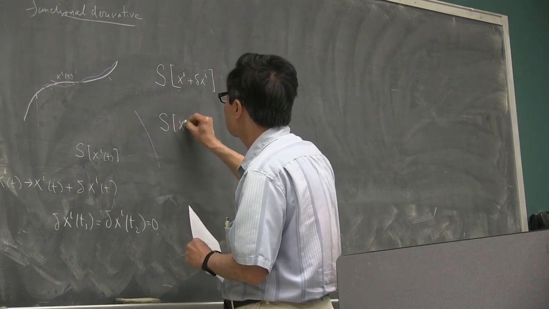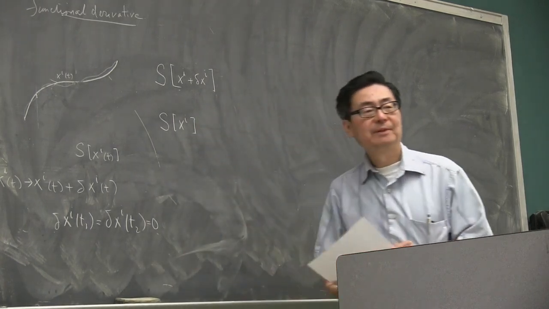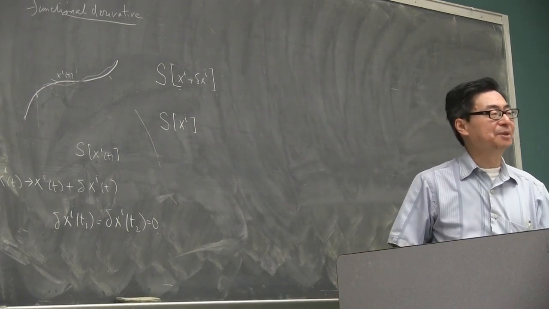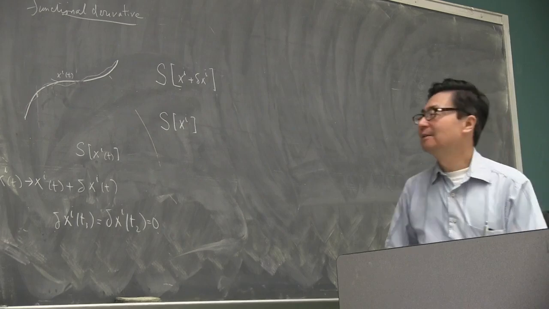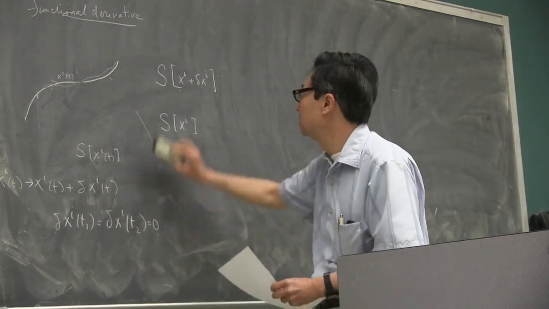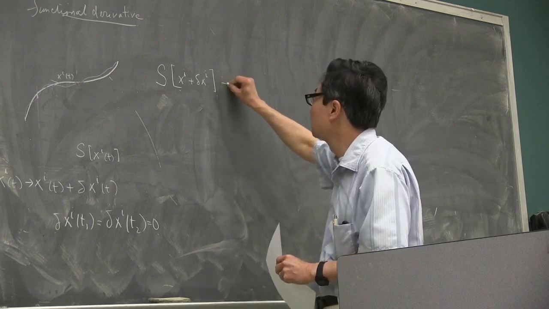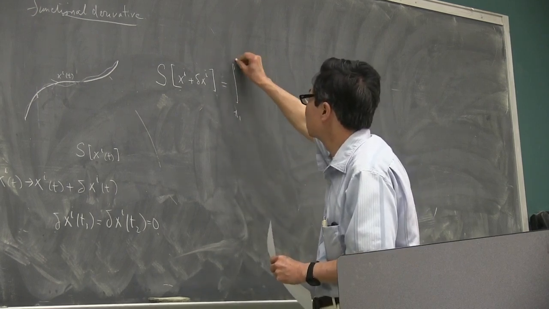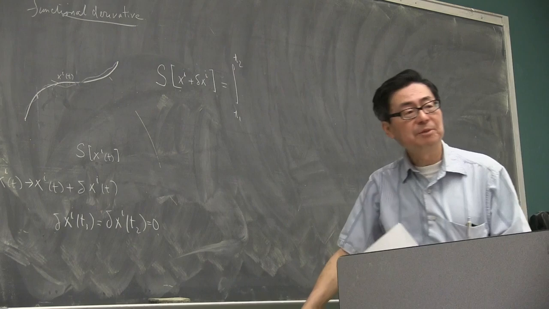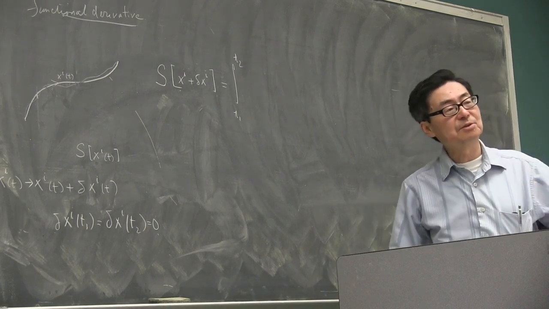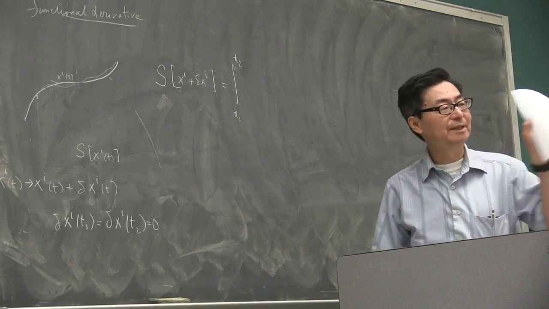Let me calculate S for the old path. And then I'm going to see what's the difference between them. Okay? Now let me write an expression for the classical action for the new path first. Okay? This is very straightforward. This is in the notes, so you don't have to copy this down if you don't want to. It's in the notes, which I just sent to you. Okay?